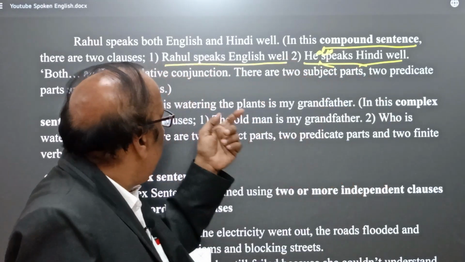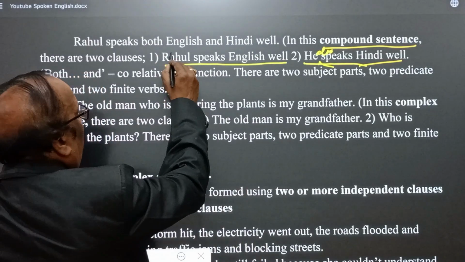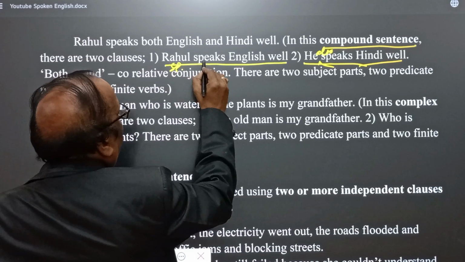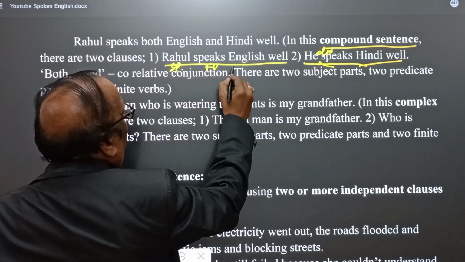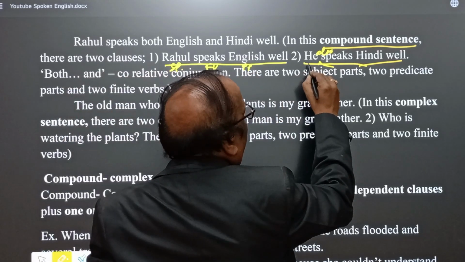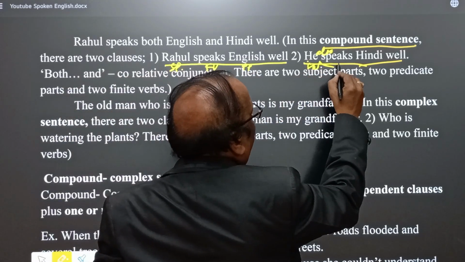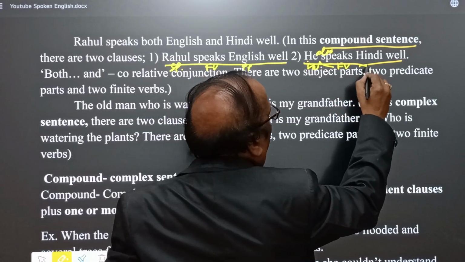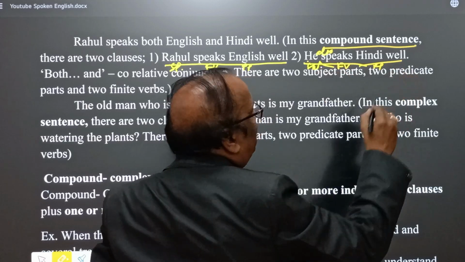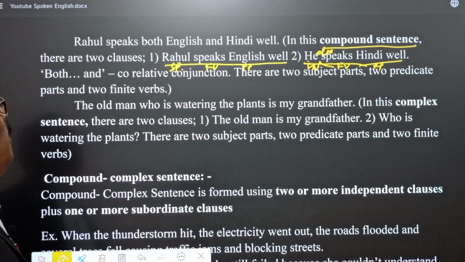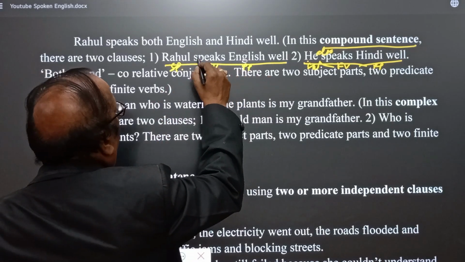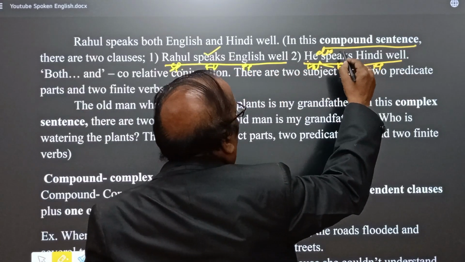Here Rahul is the subject part, speaks is the finite verb, and English well is the predicate part. Here he is the subject part, speaks the finite verb, Hindi well the predicate part. So here we find how subject part, predicate part, and finite verb work.